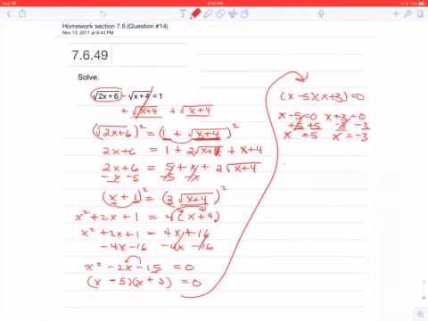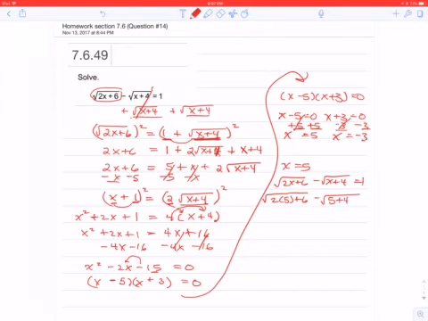So if x equals 5, replacing each x in this equation with 5, I have the square root of 2 times 5 plus 6, minus the square root of 5 plus 4, should equal, I'll put a question mark, 1.